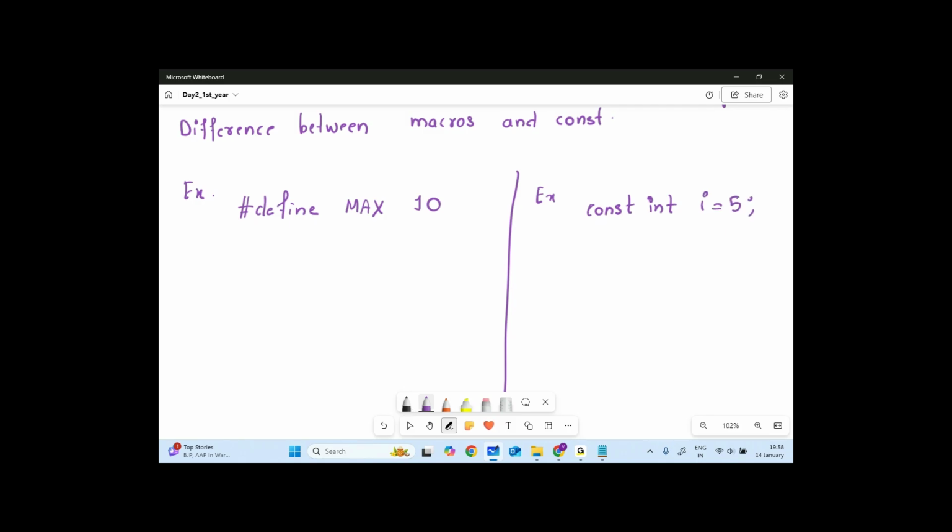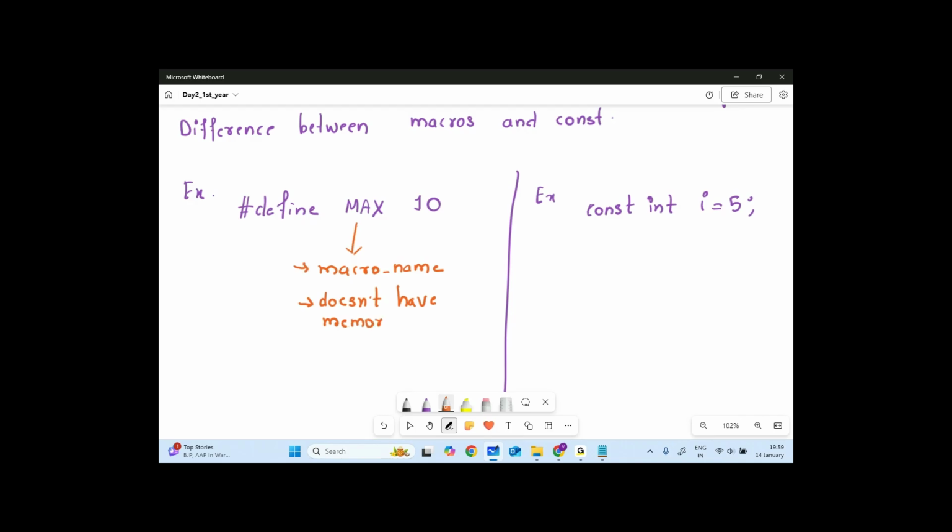These are the two things I have. In the first one, this MAX is called a macro name, and it does not have memory.